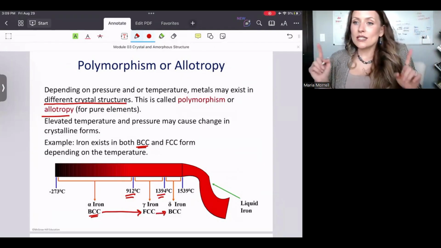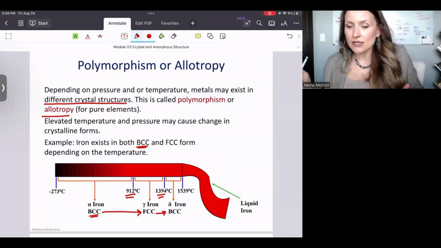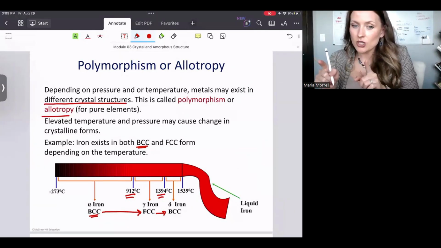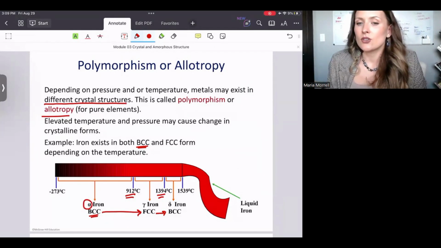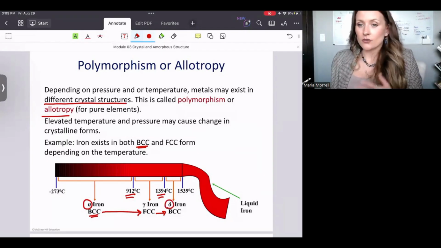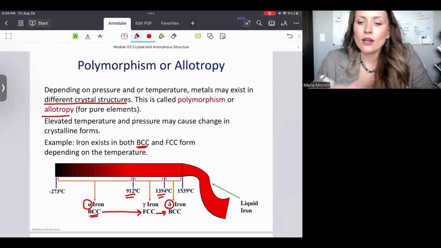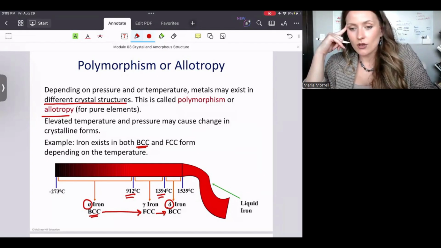But we do want to distinguish between those two, the original BCC and the BCC between these high temperatures. And this is why this iron structure we call alpha iron, and this one is delta iron.